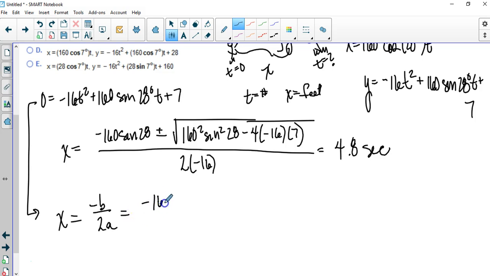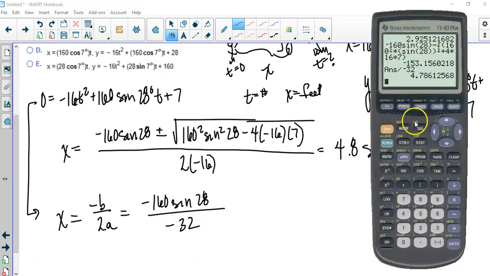So negative 160 sine 28 divided by a negative 32. Negative 160 sine 28 divided by a negative 32. That's when it happens.